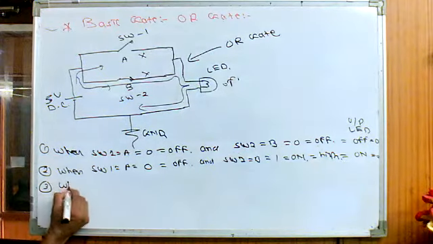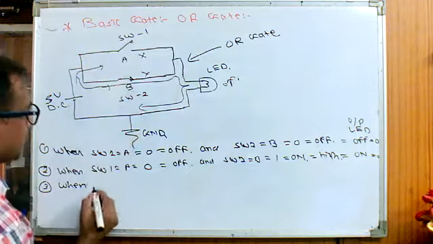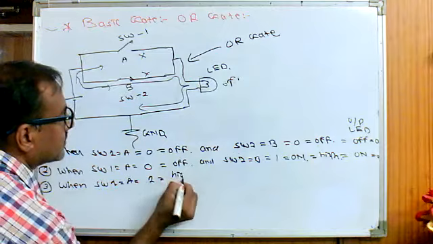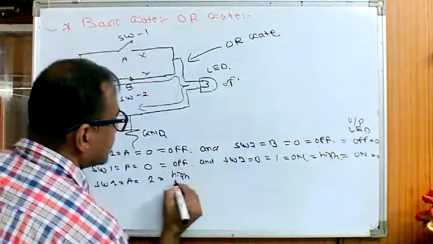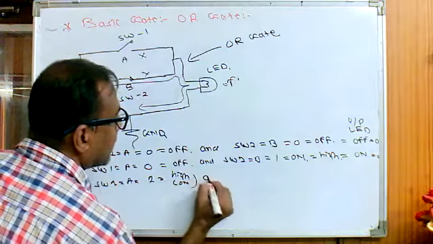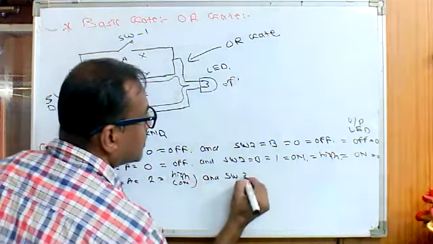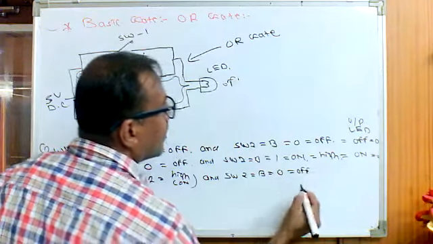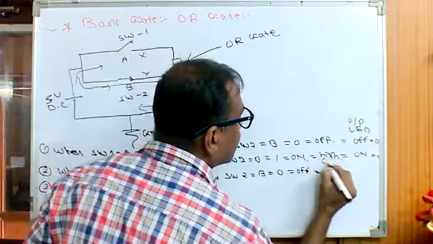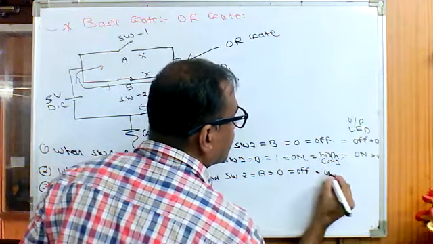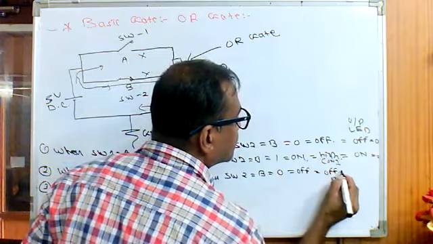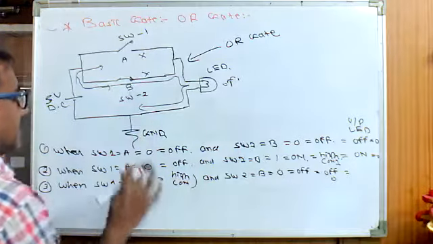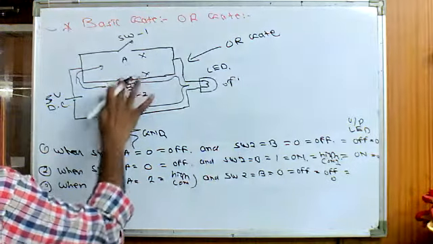Third condition: when switch 1, A, is 1, meaning high, or on, and switch 2, B, is equal to 0, meaning off. Switch 1 is on and switch B is off.